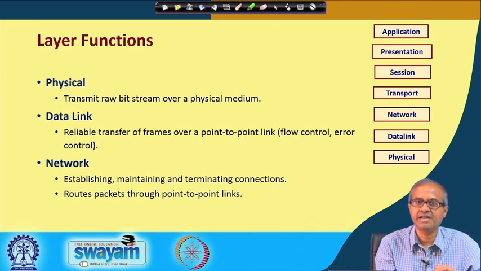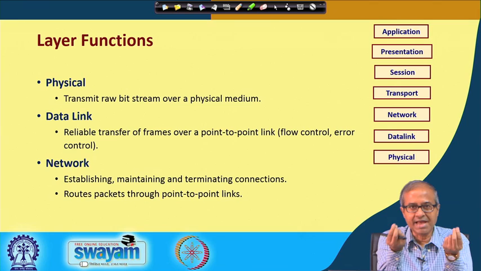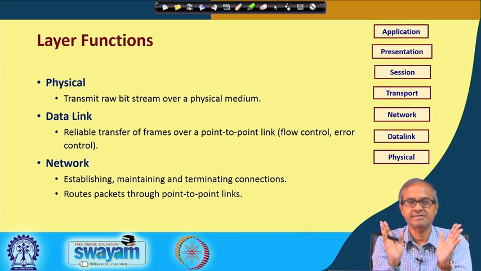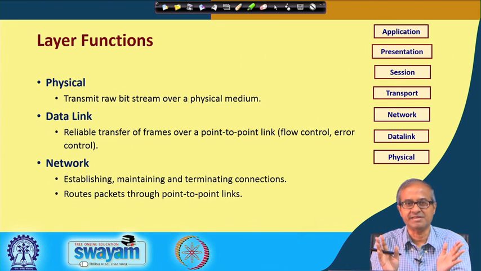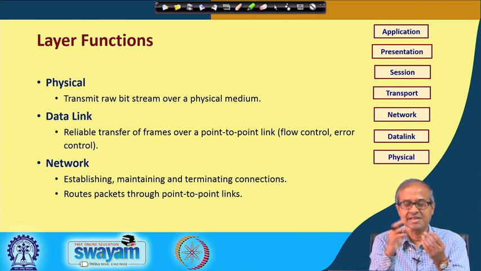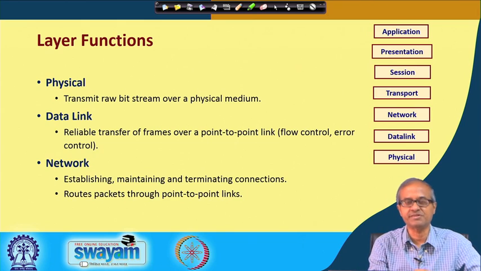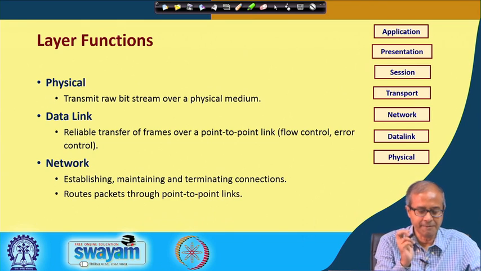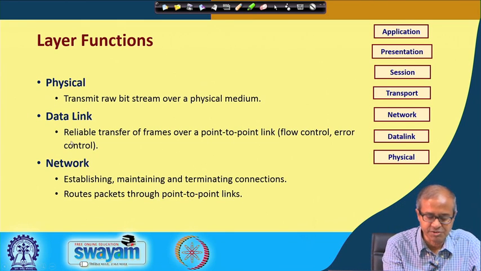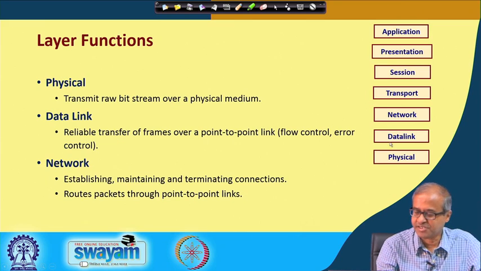Data link layer ensures that the link is reliable to some extent. It tries to detect some errors in communication. If some error takes place, it will try to retransmit that data again. Data link layer is responsible for reliable transfer of data.